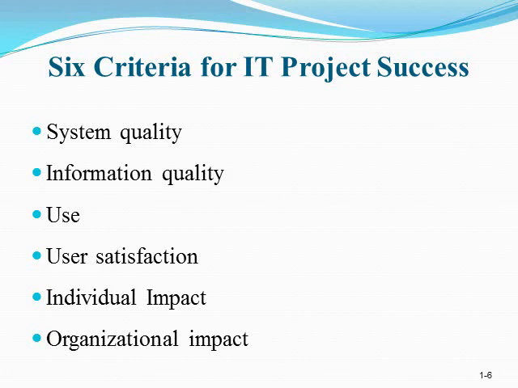Individual impact. All systems should be easy to use and should supply quality information, as we mentioned in the first one, which is system quality. But beyond satisfying these needs, there is a specific criterion for determining the usefulness of a system to the client who commissioned it.